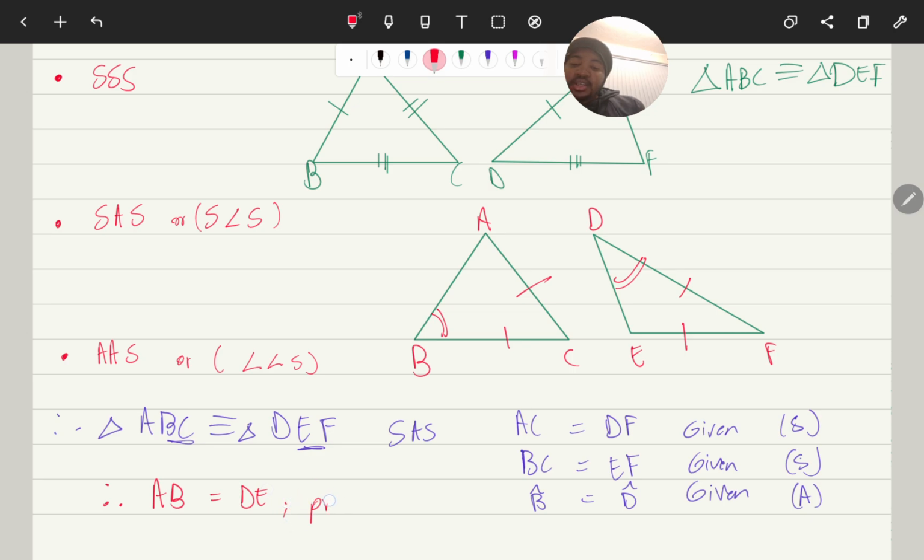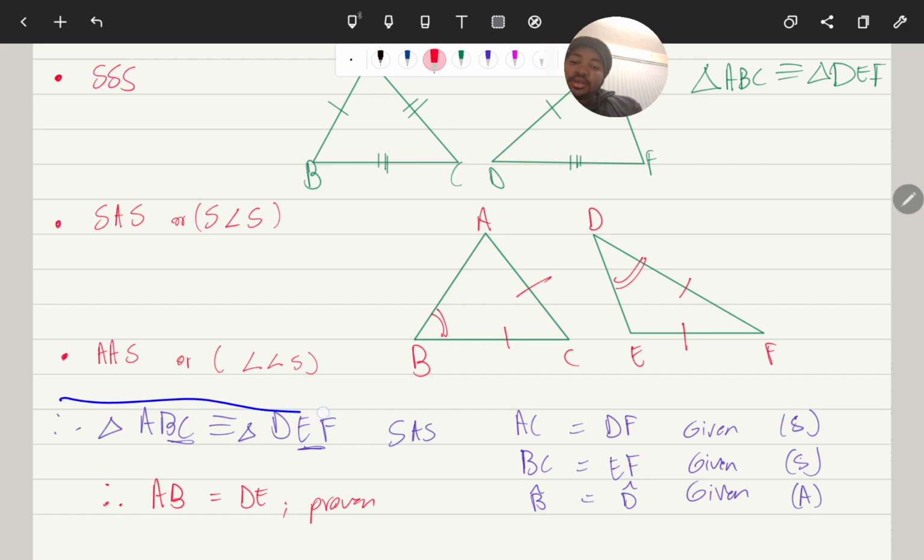And then you can say proven, or from congruency, right? Because we just showed that the two triangles are congruent. And in fact, what I'm saying here, we're going to use it when we are doing the midpoint theorem. So just hang in there with me, yeah.